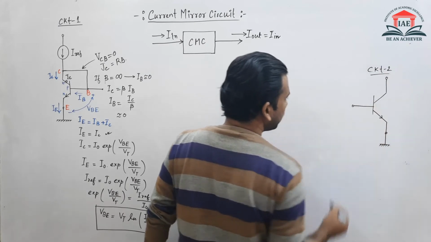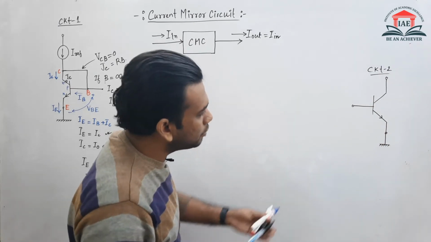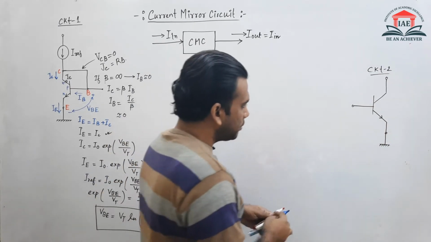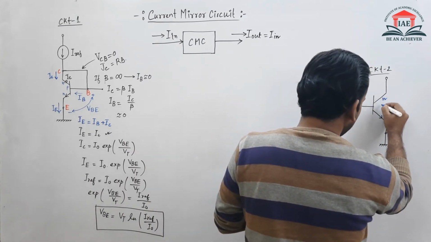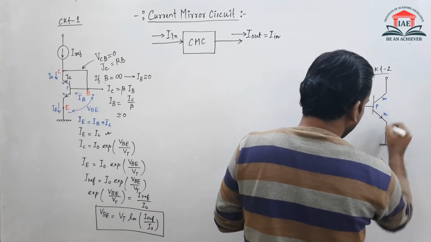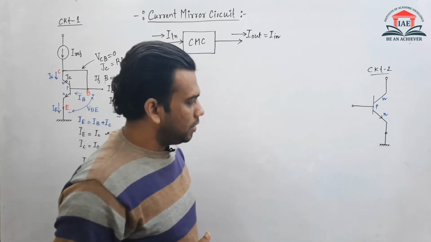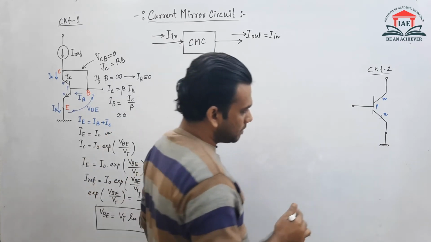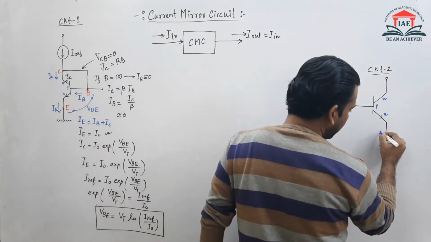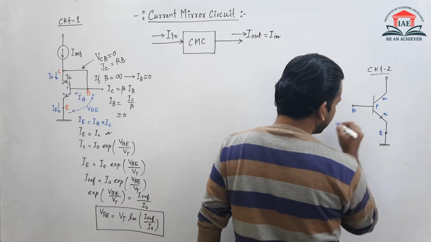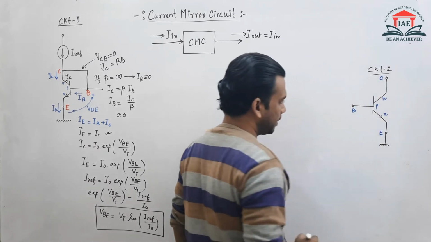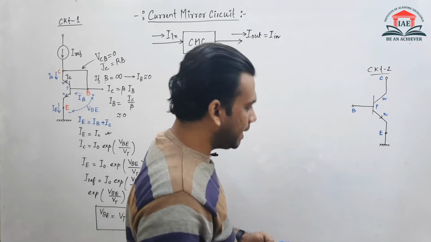In this circuit number 2, there is also an NPN transistor. So this is N, this is P, this is N. First, let us denote the terminals. This is the emitter terminal, this is the base terminal, and this one is the collector terminal. Now let us see the current directions.